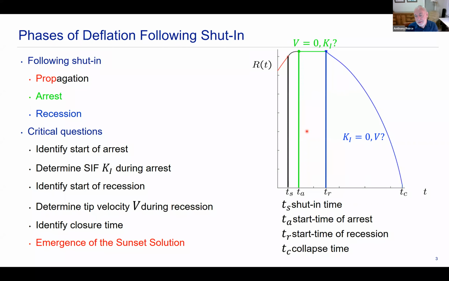The green line is the arrest point, where the velocity is 0 and we're trying to find the stress intensity factor. Then the fracture starts receding at t sub R, and ultimately it collapses at t sub C. Emmanuel talked at length about these things, but today we're going to be talking about the emergence of the sunset solution, which happens towards the end of the life of the fracture.